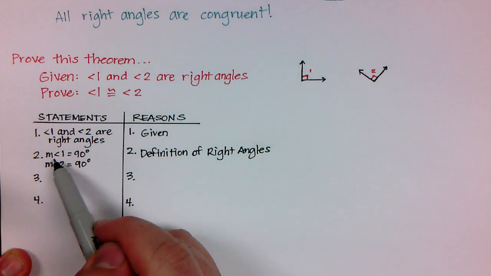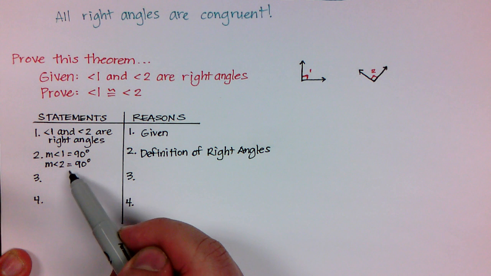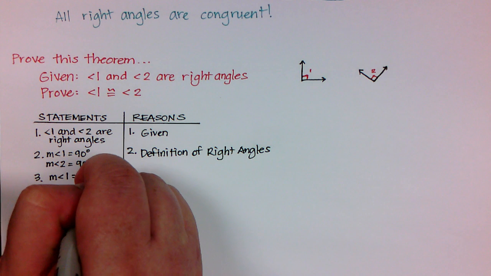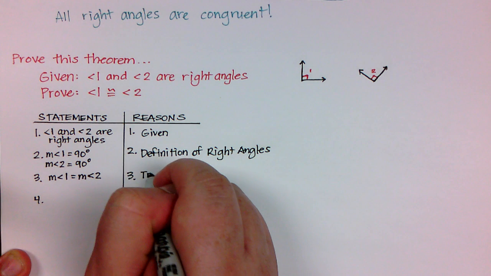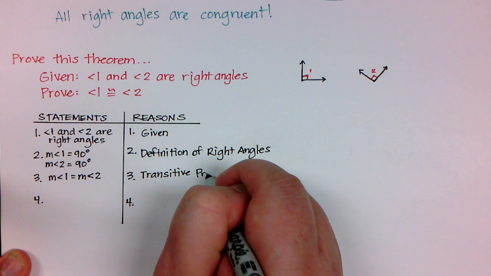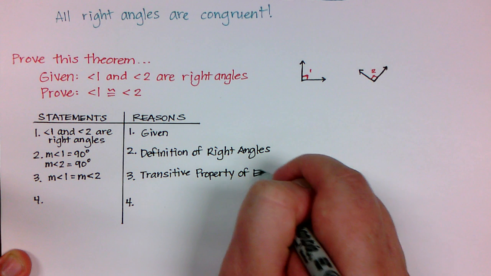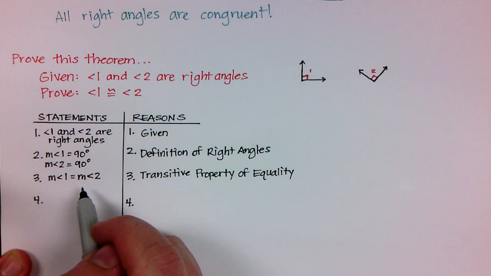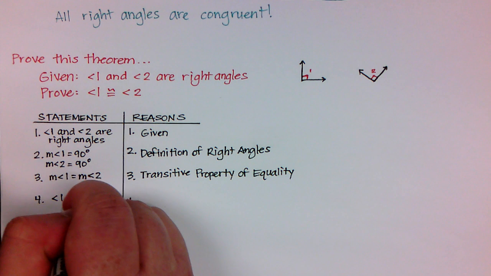Well, if the measure of angle 1 is equal to 90 degrees and the measure of angle 2 is equal to 90 degrees, then that means that their measures are equal to one another. The measure of angle 1 is equal to the measure of angle 2. This is the transitive property of equality. This is what we've already learned about. And so if the measures of the two angles are equal, then that means that the angles themselves must be congruent.